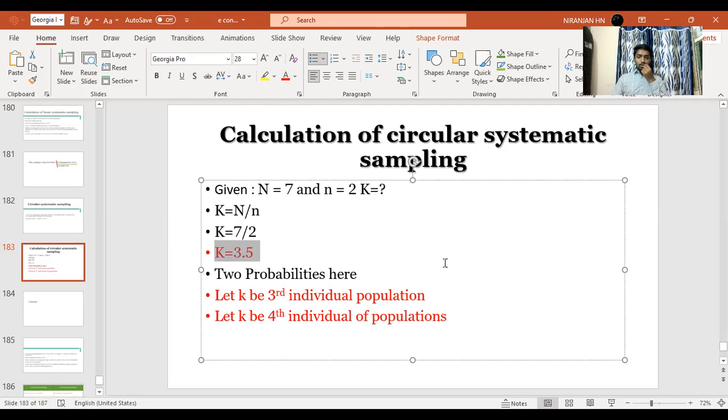What is one more important thing here? When you observe, we didn't have a k value given. In some cases we will have the k value, like in the previous example, where we directly had the 20th individual as our k. But here we don't have anything as such.